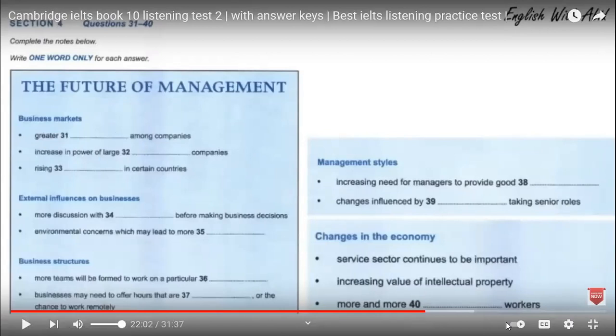What do you think? You have to use the adjective of world here. Companies all over the world.